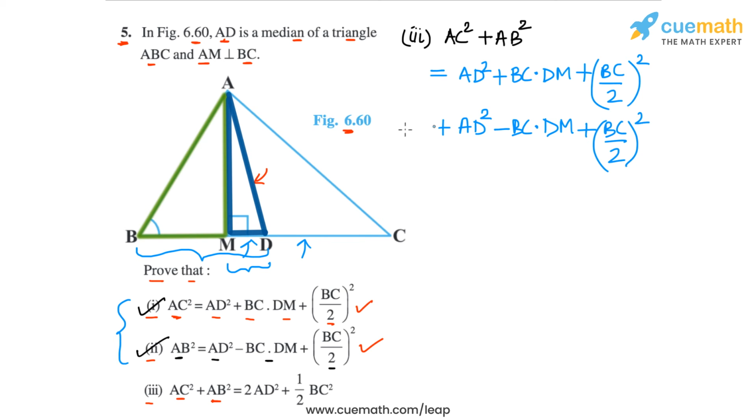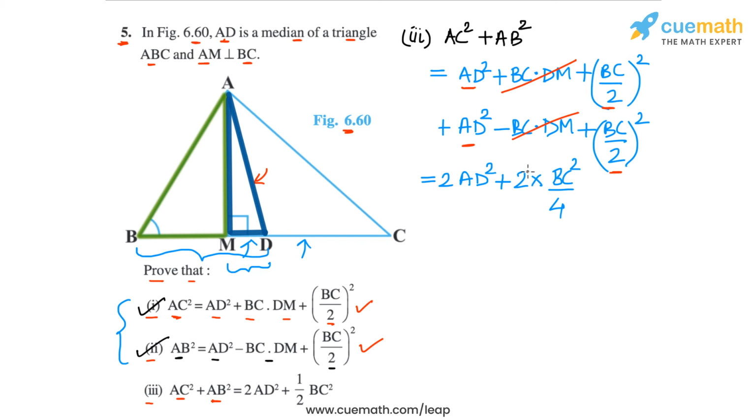So if we now simplify the right hand side, we see that this term and this term cancel out. And now we have AD square and AD square, that will give us 2AD square. Then we have BC by 2 whole square and BC by 2 whole square. So this will give us twice of BC by 2 whole square, which I can write as BC square by 4.